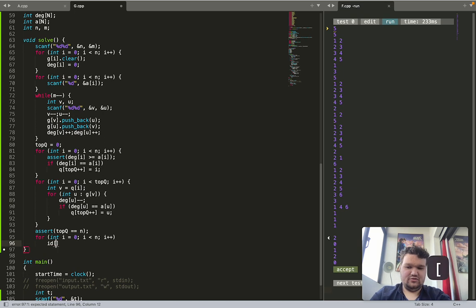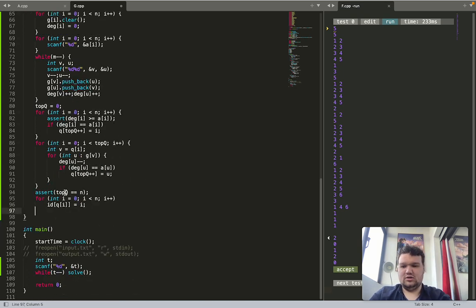Let's remember for each vertex its position in this queue.